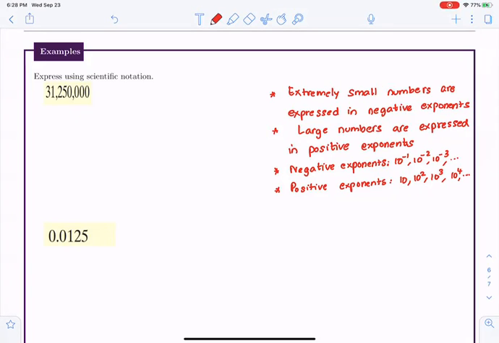Another key thing to note here, typically we move the decimal.